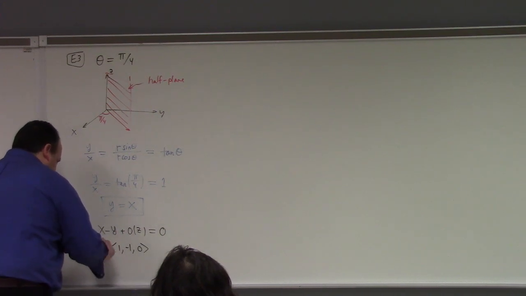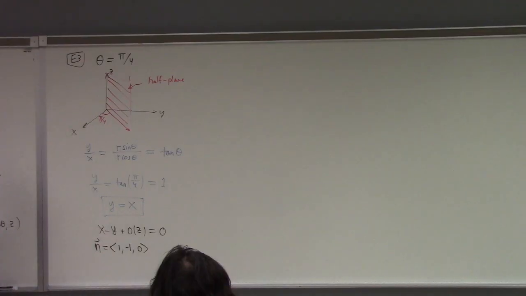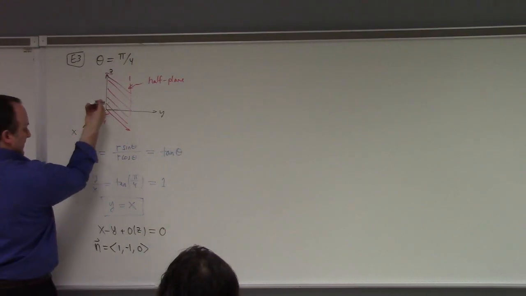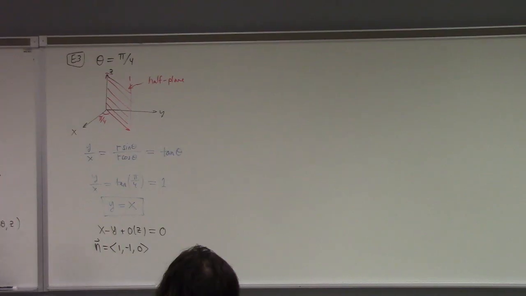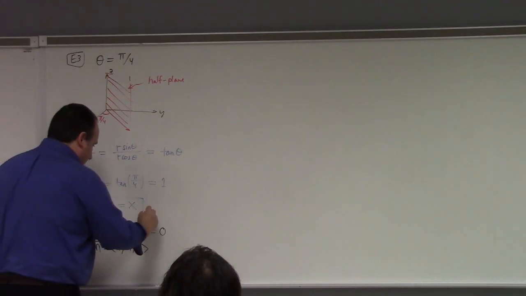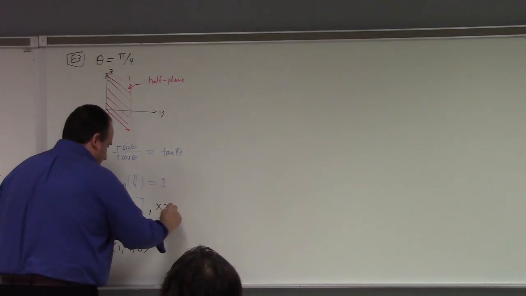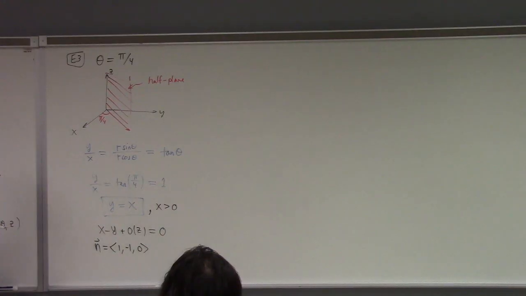So that would be the normal to this half plane. Of course, you could go plus or minus that, depending on whether you want to think of it pointing this way or back that way. But to make it the half plane, we need to add an inequality, right? Which would be what? How about x greater than 0 should do just fine?